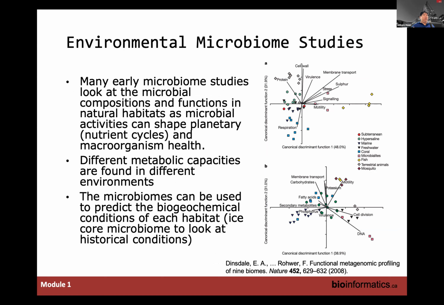As you know, they influence the nutrient cycles such as carbon cycles in the environment, and different metabolic capacities are found in the different environments. As shown in the diagram here, based on the metabolic capacities, you can predict the environment that the organism may be from.